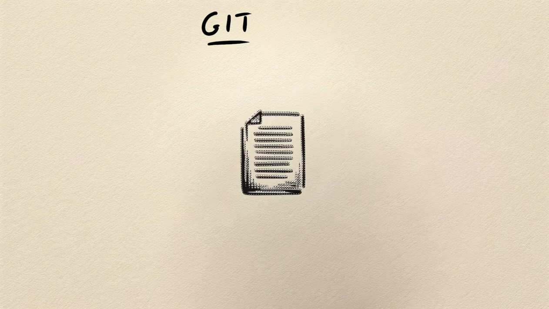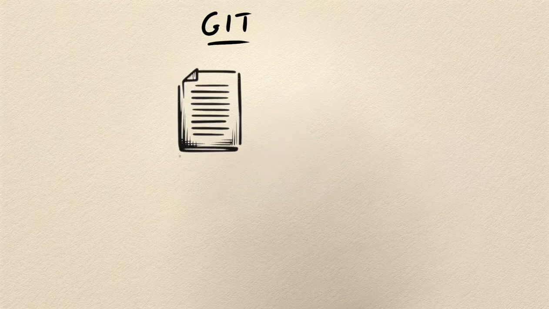So what is GitHub and what problem does it solve? Let's say you have a Python file here. You're working with Python, so this is your .py and this is you.